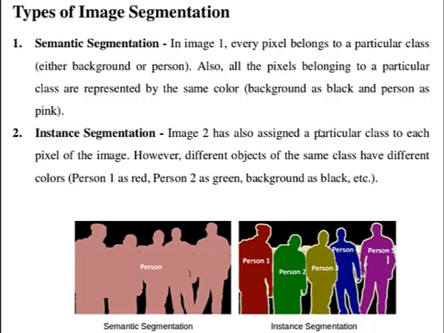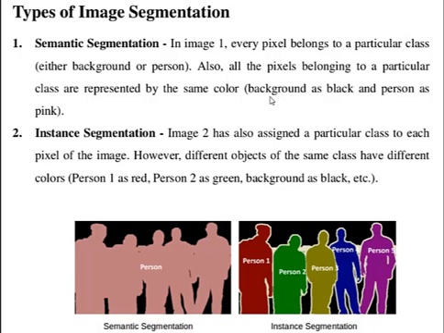Then semantic segmentation and instance segmentation. See the image one. Every pixel belongs to a class. Also, the pixels belonging to a particular class are represented by the same color. There are only two entities here: first is person, that is the human part, and the other, black, is background.